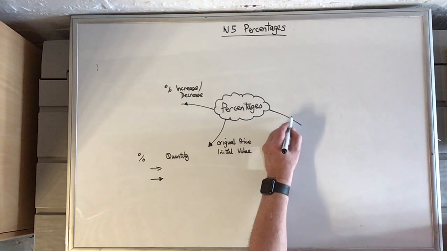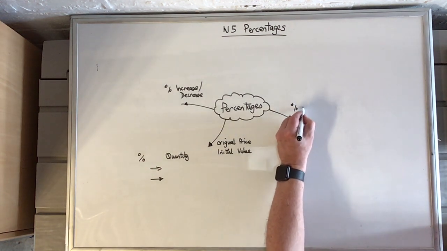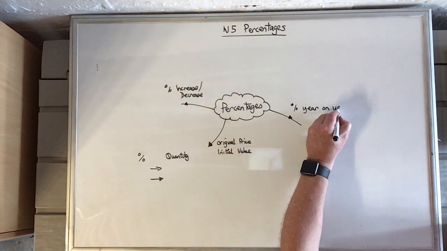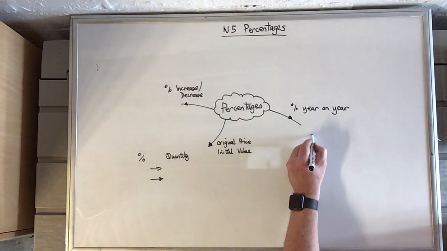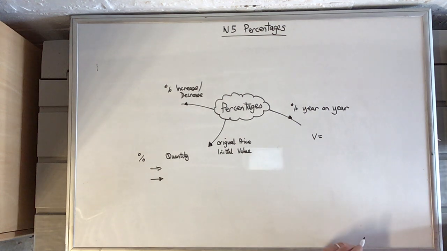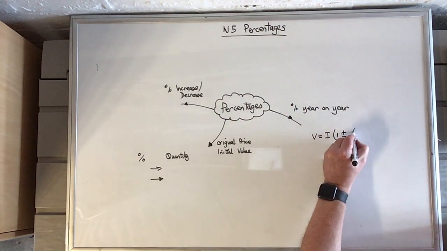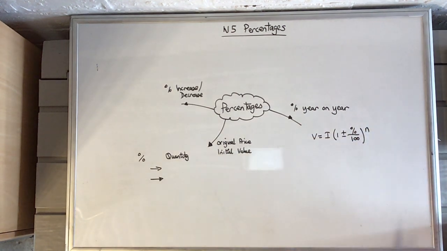Last type that we can get is percentage year on year. Okay, and the way I tend to do it, there are lots of different ways, but I use the formula V equals I, bracket 1 plus or minus the percentage over 100, all to the power n.